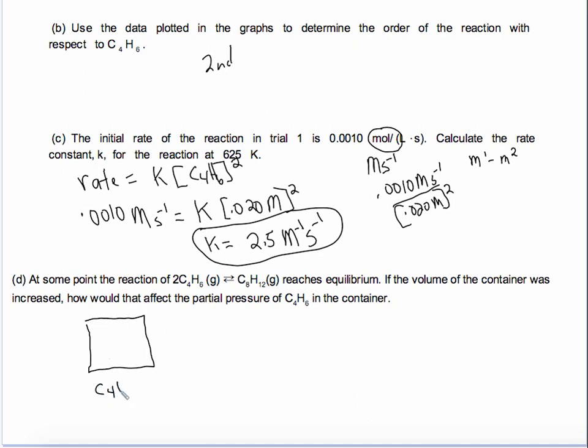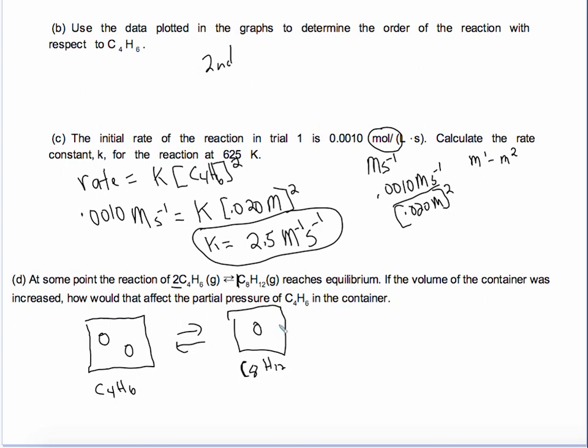And so this is the C4H6 side. So C4H6, and there's 2 moles. I'm getting that from right here. And then we have C8H12, and there's only 1 mole of that gas.